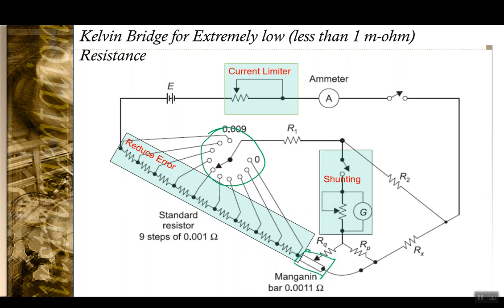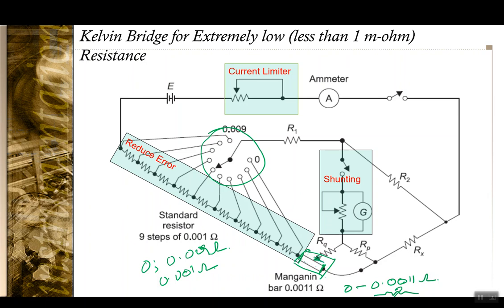Okay, note that here the potentiometer is giving a standard resistance which changes from 0 to 0.009 ohm in steps of 0.001 ohm. Okay, and you also have a magnetic bar here whose resistance goes from 0 to 0.0011 ohm, as a variable resistance, so it can take any value between that, so it can be tuned very finely.